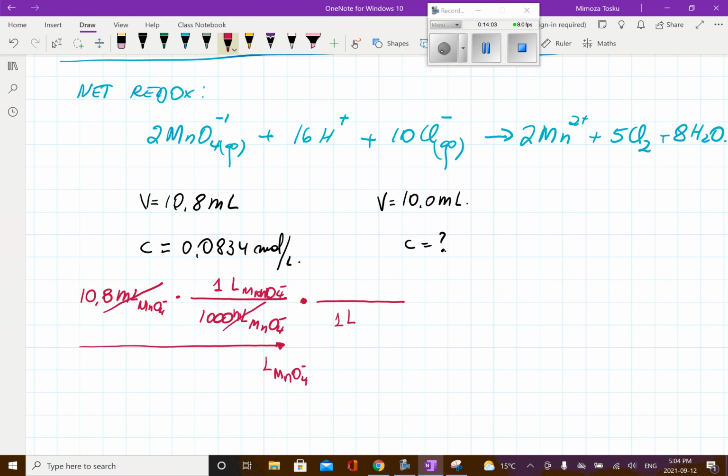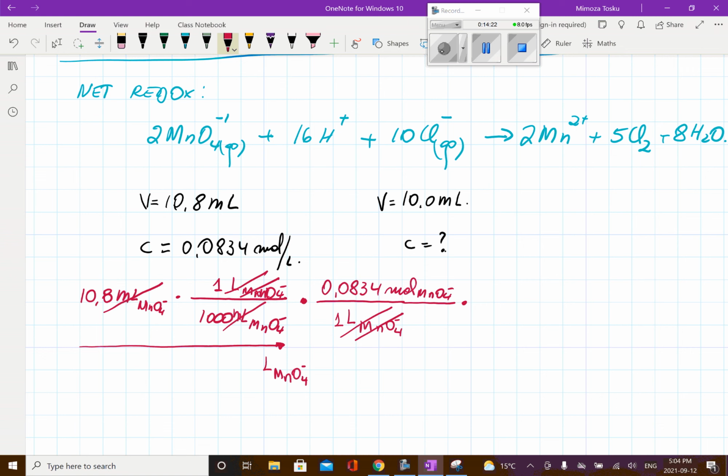So 1 liter of permanganate has 0.0834 moles of permanganate. So liters and liters cancel out.